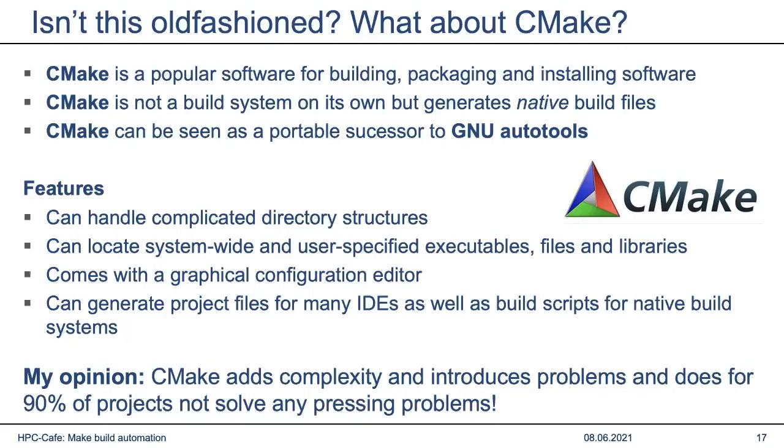GNU Autotools was a pain for many codes. Running the configure script, many of you might remember this, took longer than the actual compilation. And when you had an error, it was very difficult to fix it because a lot of complexity was introduced. The configure script was a lengthy, complicated as hell shell script. And the makefile also was generated and was also very complicated.